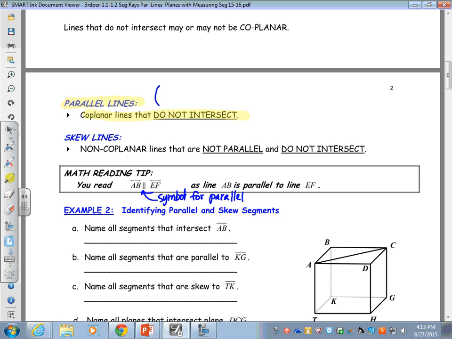So instead of writing the word, you're going to see me write those two vertical lines to represent parallel. So if you see this, it is read as line AB is parallel to line EF.